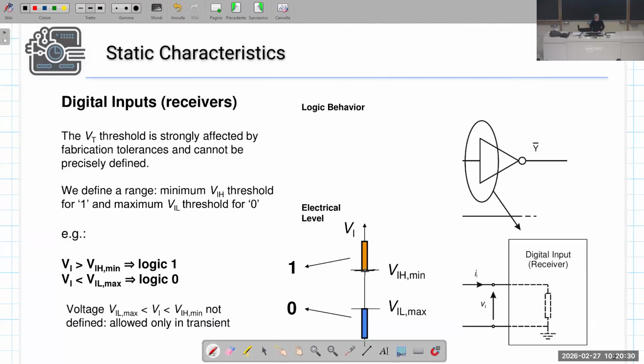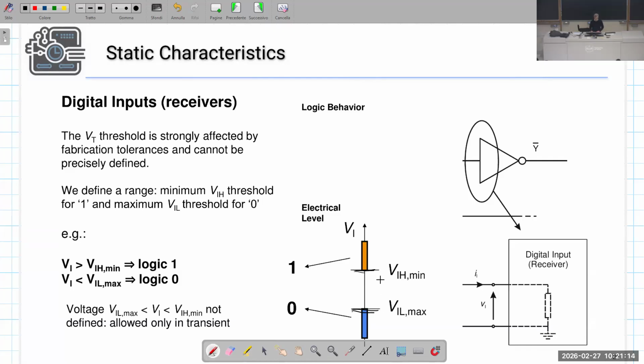In particular, VIH minimum, the minimum voltage above which the logical gate recognizes that a logical 1 is applied, and the maximum voltage that can be accepted as a low logic level, called VIL maximum.